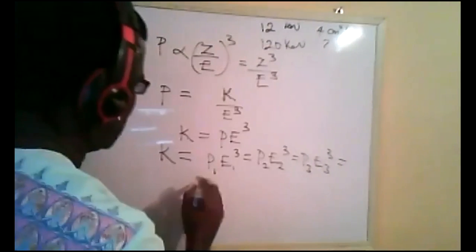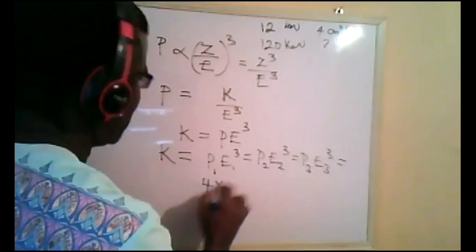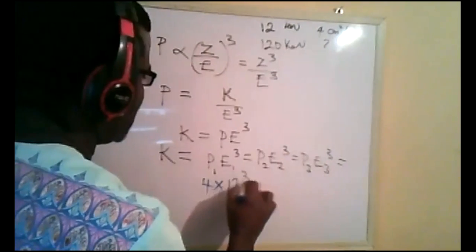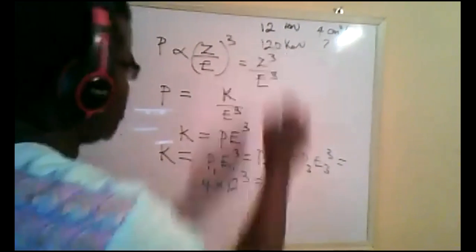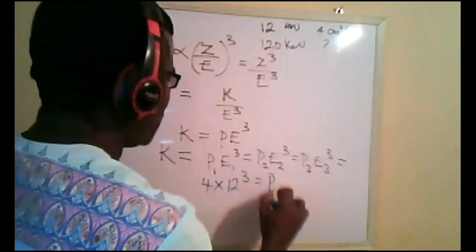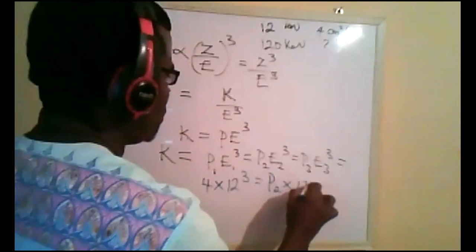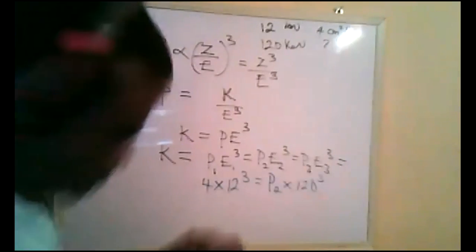4 multiplied by 12 cubed should be the same thing as what we are looking for now, multiplied by the energy, which is 120 raised to power 3.